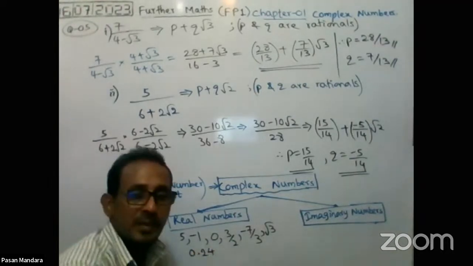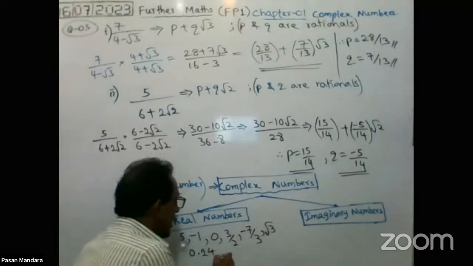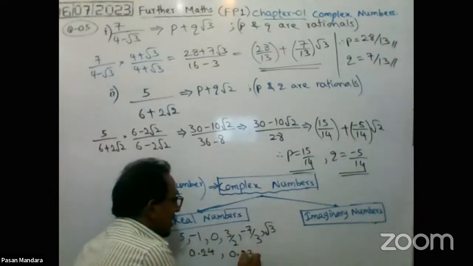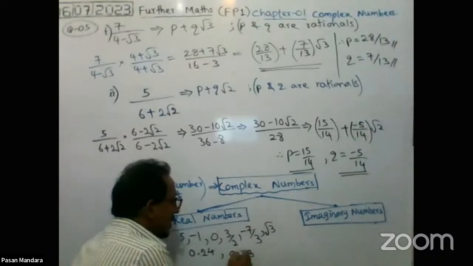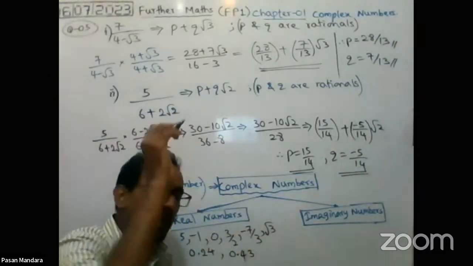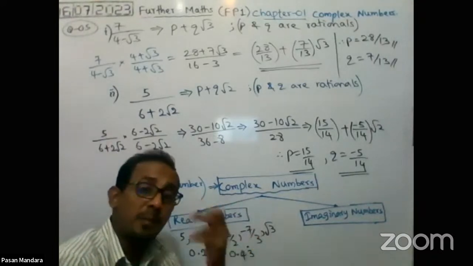These are called end decimals. End decimals real. If you get say an infinite number of decimals, 0.43333, many threes, you can put a dot here indicating threes repeating.